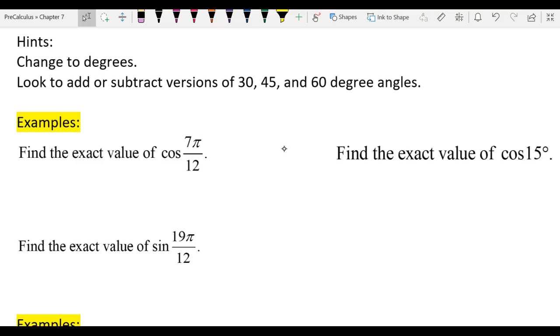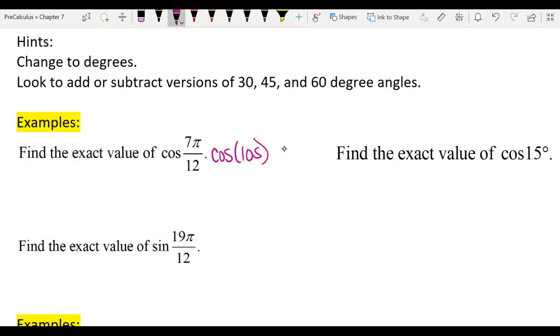So what number do we plug in for pi to change this to degrees? 180. So we would plug into our calculator 7 times 180 divided by 12, which gets us 105. So this is the cosine of 105. So it's actually the problem we were working on above.